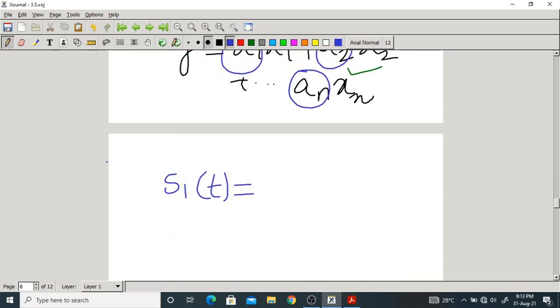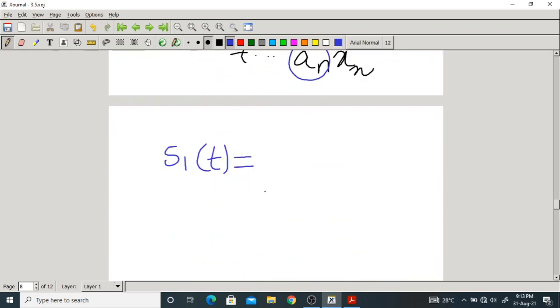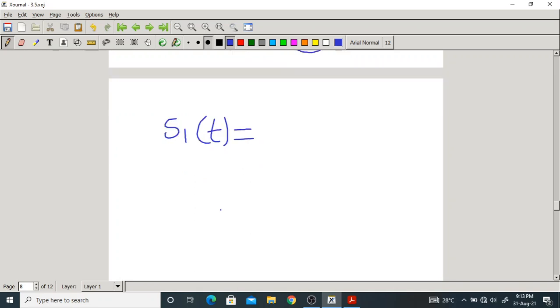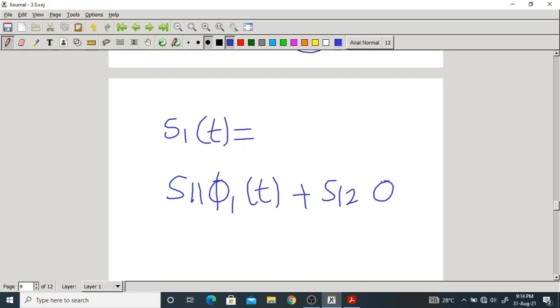So what will happen? Obviously, S1 of t is written as S11 phi 1 of t plus S12 phi 2 of t plus so on, plus S1n phi n of t.